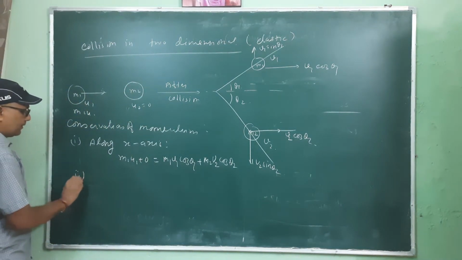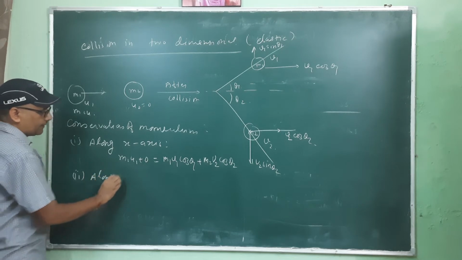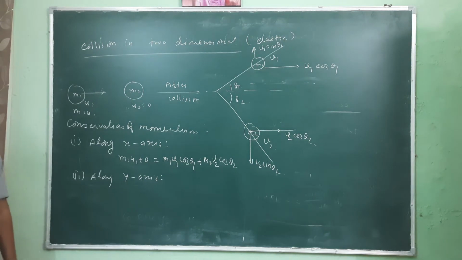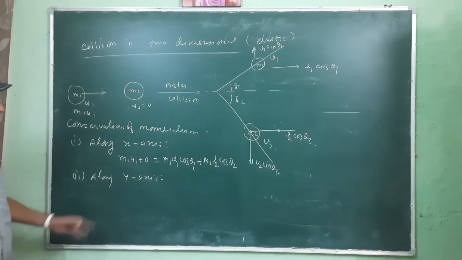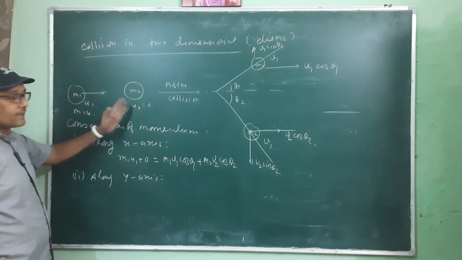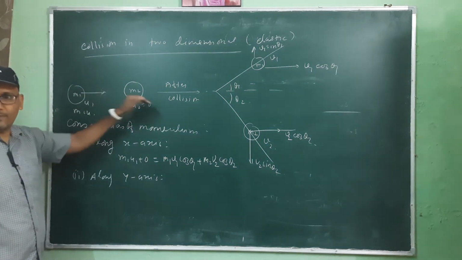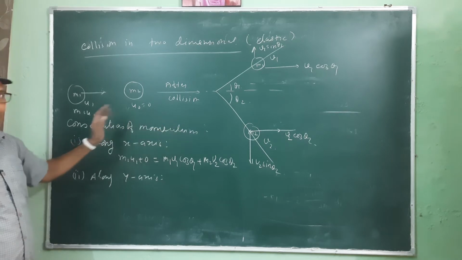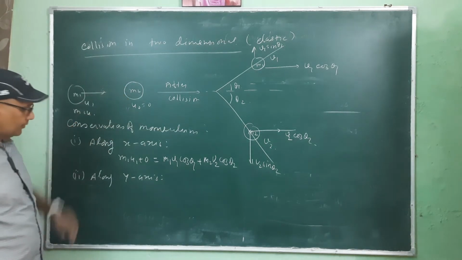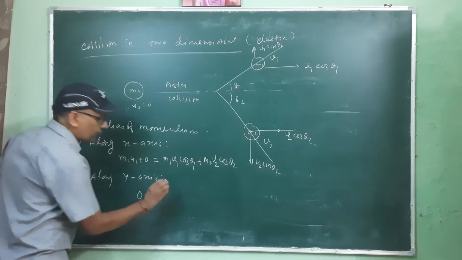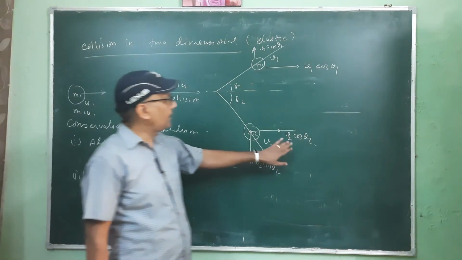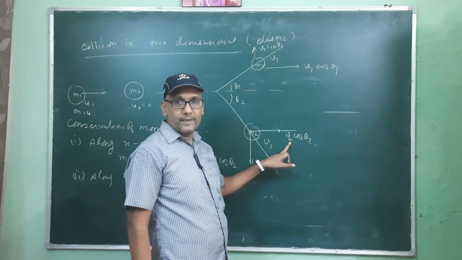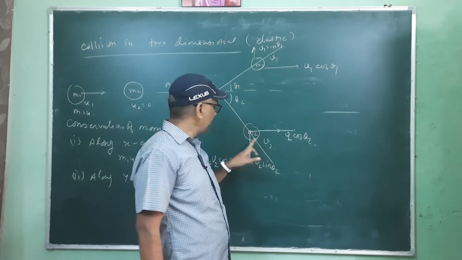Second, along the y-axis, there is no initial momentum along the y-axis, because before collision the system is moving along the x-axis only, so this is equal to 0.